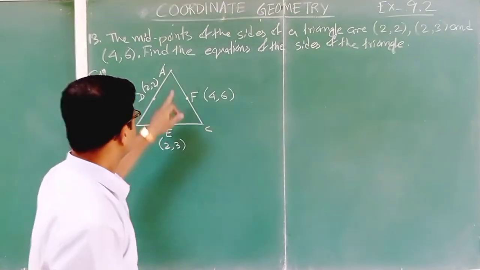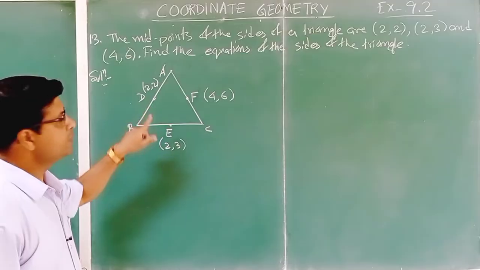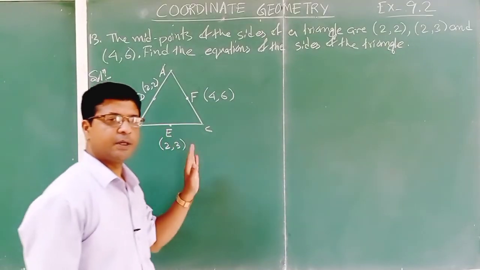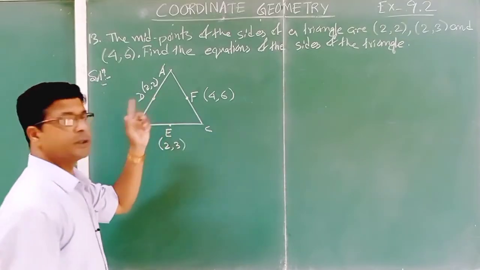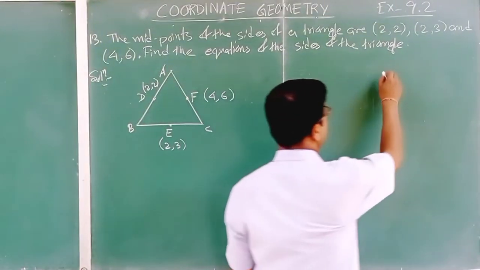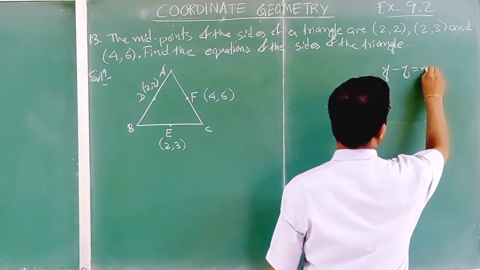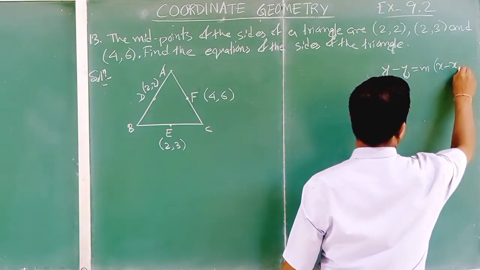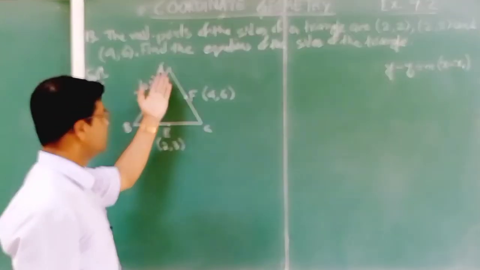Now dear students, for this line only the coordinates of one point are given. Can you say what is the format of the equation of a straight line when the coordinates of a point are given? We know that the equation is y minus y1 equals m into x minus x1. So here x1, y1 is known for this straight line.